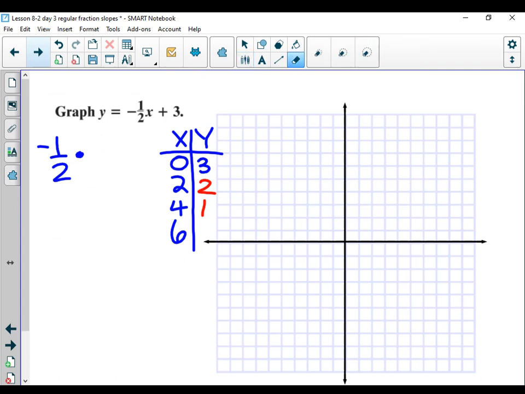Like Drake said, if you already did 0, 2, and 4, you don't have to use 6. If you're going to use 6, half of 6, 3, negative, plus 3, 0. There definitely is a pattern if you put the numbers in order.